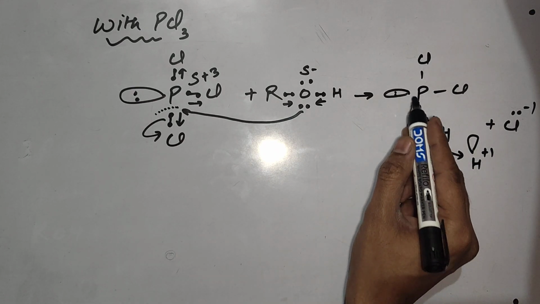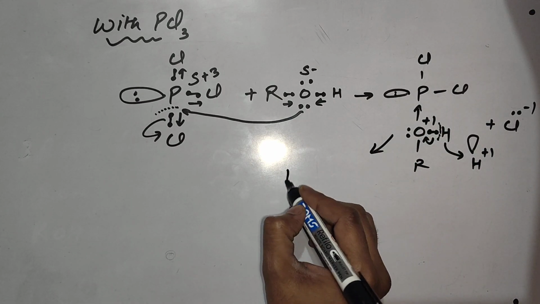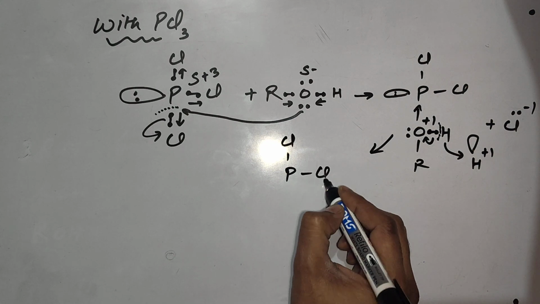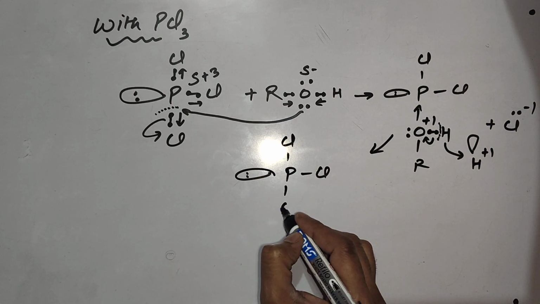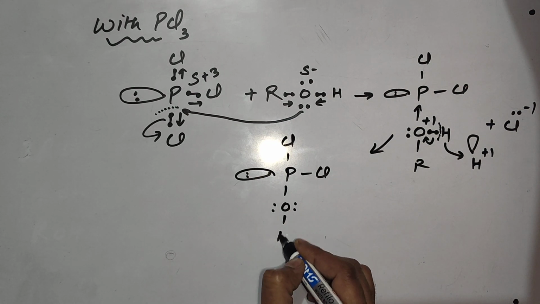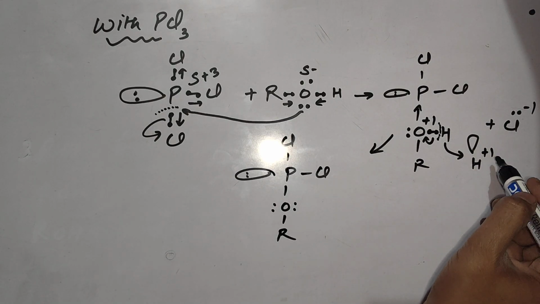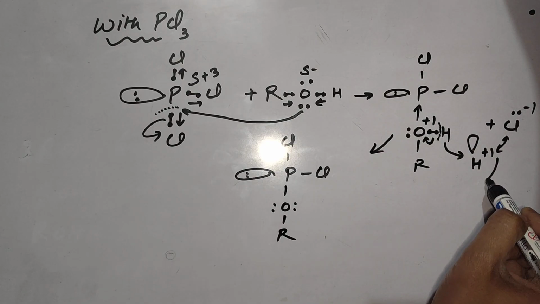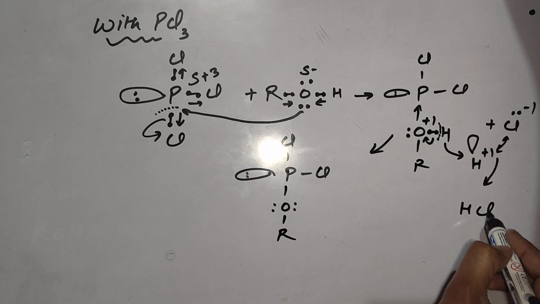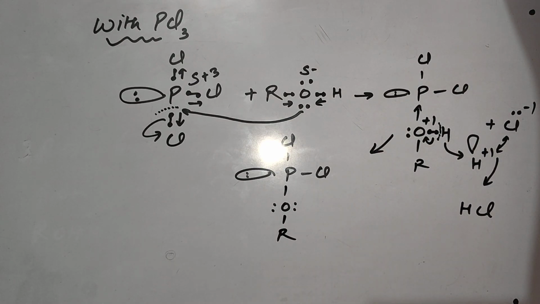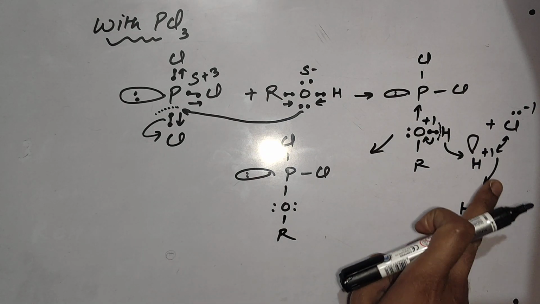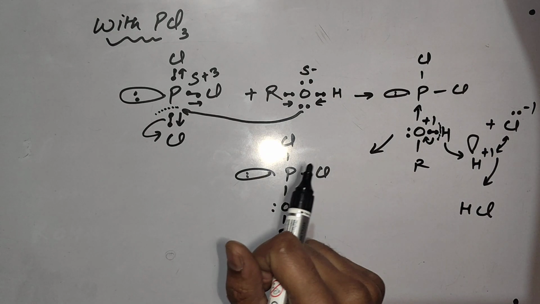Now this part will turn to this, and from here HCl will be released. H positive and Cl negative will combine and create HCl.